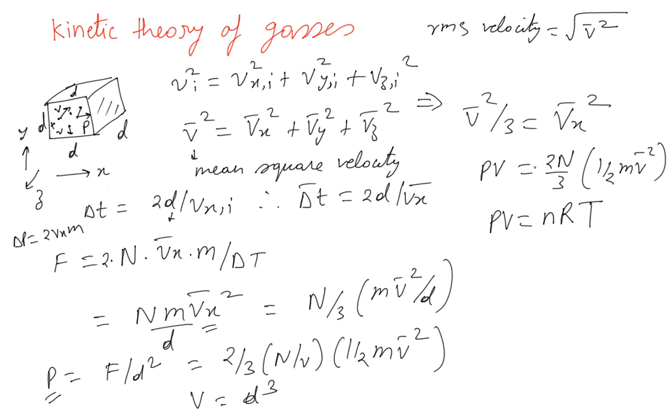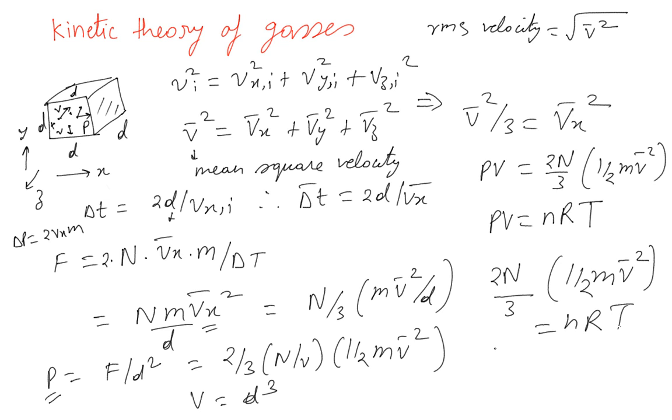We can equate these two equations to get 2n over 3 times half m v squared equals nRT. So from here we can find the root mean square velocity. Well, actually mean square velocity.